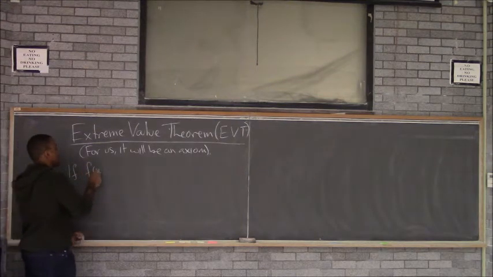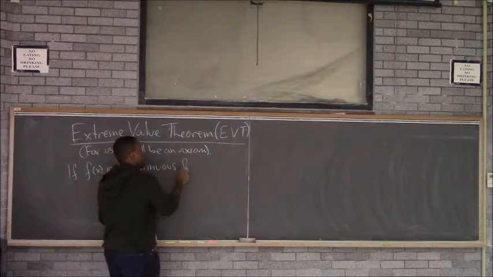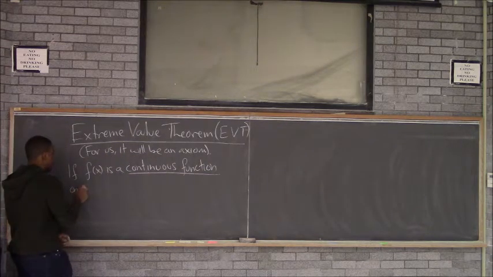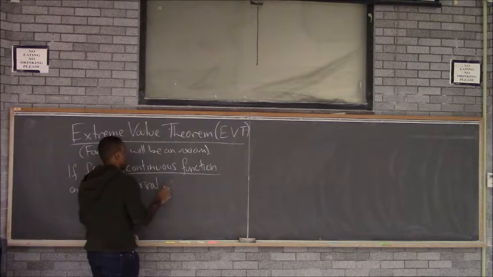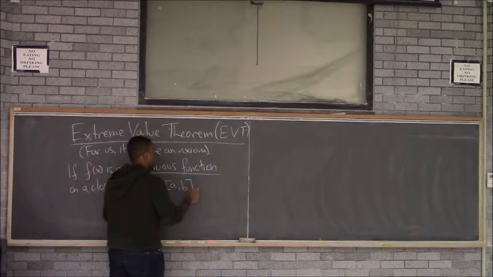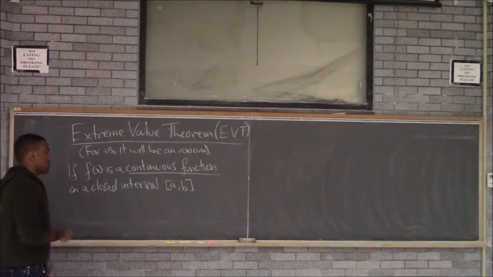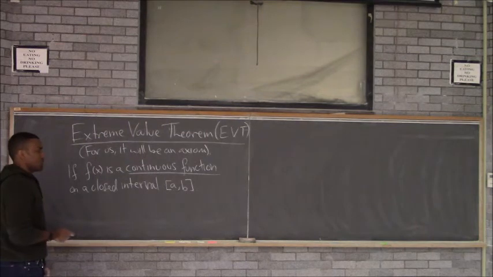If f of x is a continuous function, what does it mean to be continuous? f of a is equal to the limit, I suppose, as x approaches a.